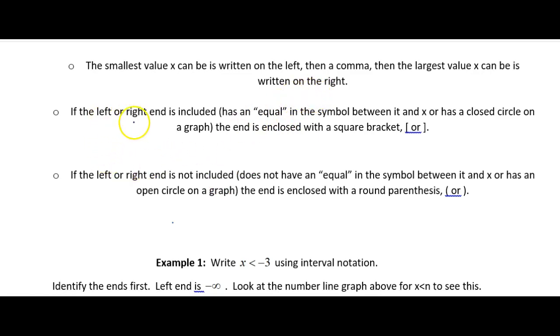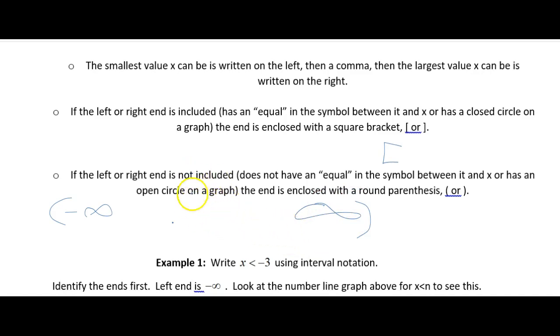If the left or right end is included, in other words, has an equal with it, that side would have a closed circle in the graph, and the end is enclosed with a square bracket. If the left or right end is not included, or if it's infinity or negative infinity, which are never included, it gets a round bracket. So if you had negative infinity on the left, it would always be a round bracket. If you had an interval where positive infinity was the right, it would always be a round bracket.